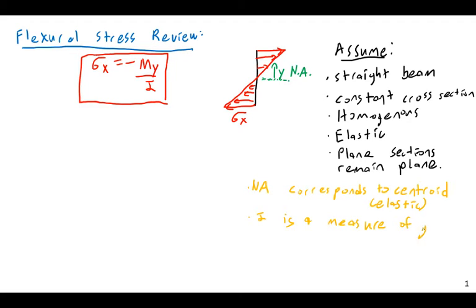It depends nothing on the material properties, only on the geometry of the cross-section. In other words, there are certain geometric properties that intrinsically make better beams. There are certain shapes, certain geometries that are more efficient at resisting bending than others.